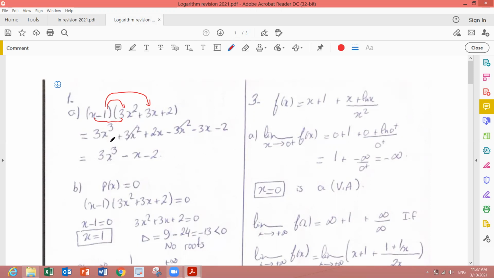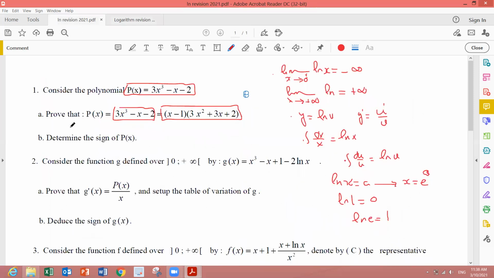We get 3x cubed, plus 2x minus 3x is minus x, minus 2, which equals P(x). So it is easier to expand, not to factorize.